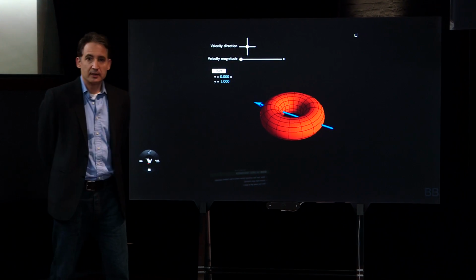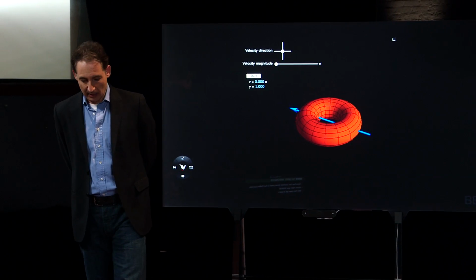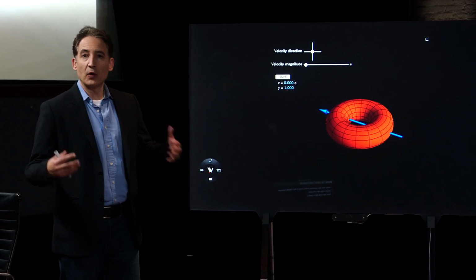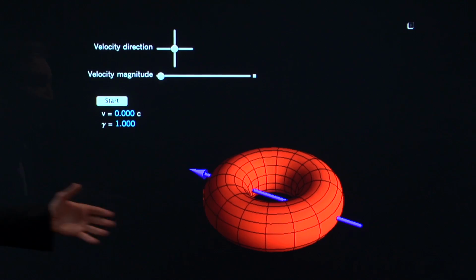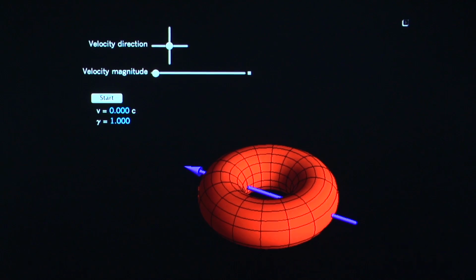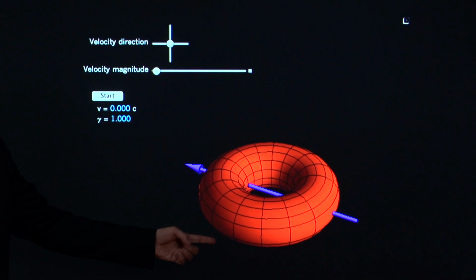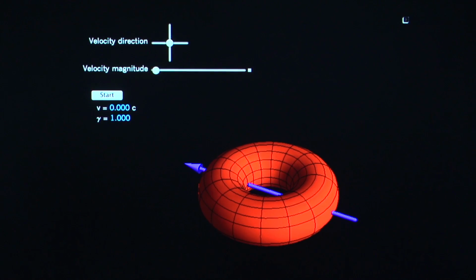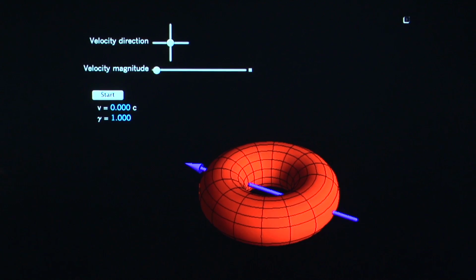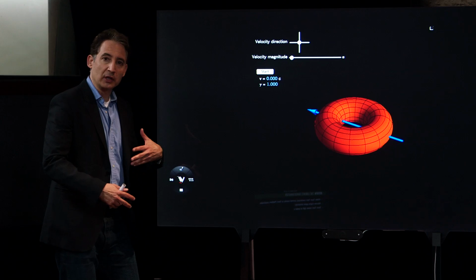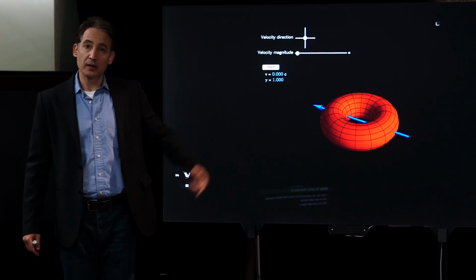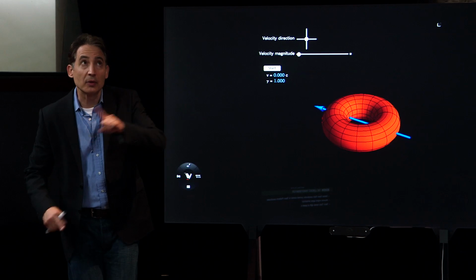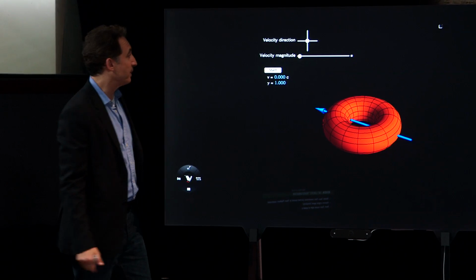In this demonstration that you'll play with on your own, the full three-dimensional Lorentz transformation is taken into account. We imagine a torus, a donut if you will, and we ask what the donut will look like from the stationary frame if it is moving with a velocity that can now be through the full three-dimensional space.